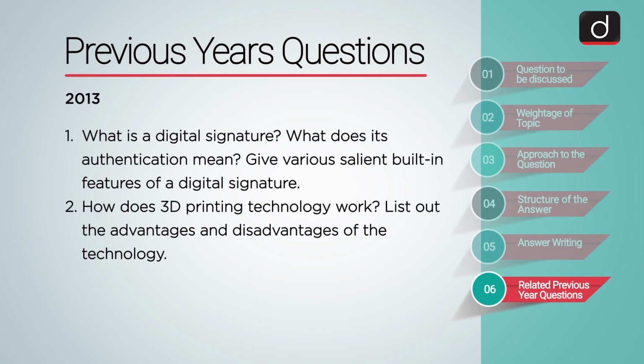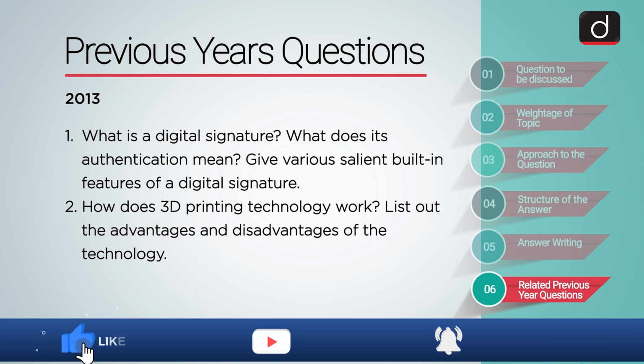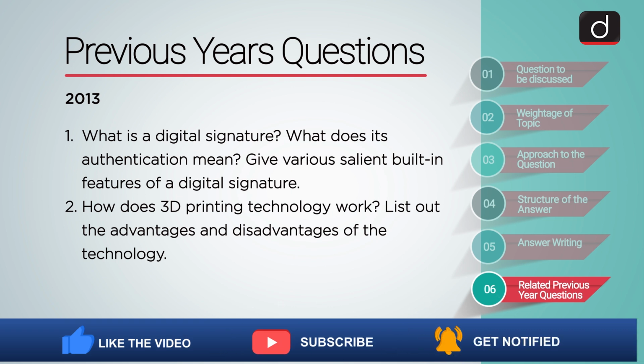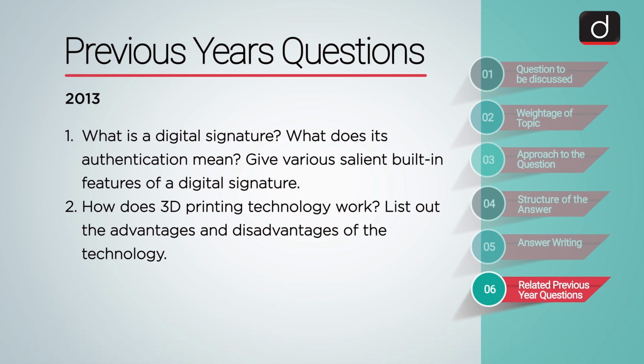And in 2013, the following questions were asked. What is a digital signature? What does its authentication mean? Give various salient built-in features of a digital signature. How does 3D printing technology work? List out the advantages and disadvantages of the technology.